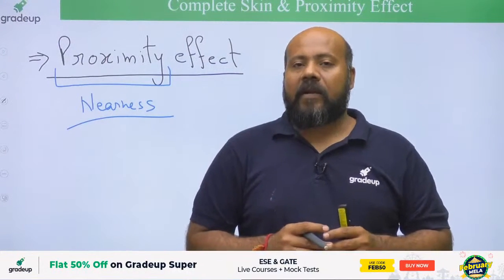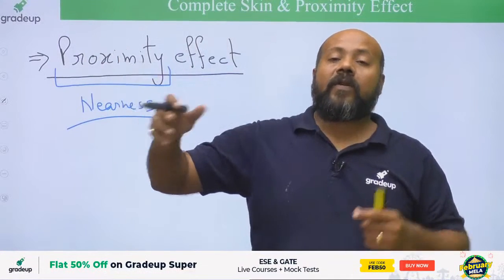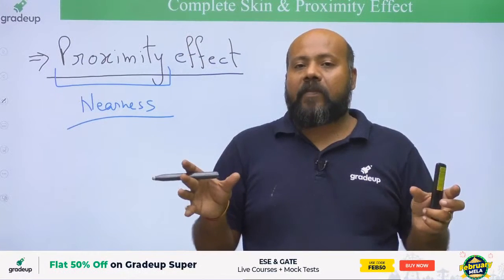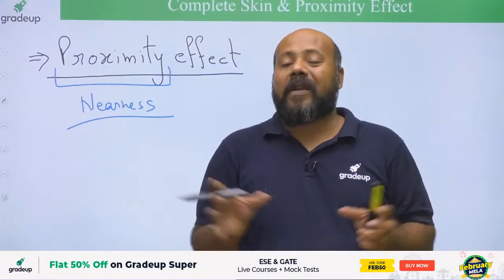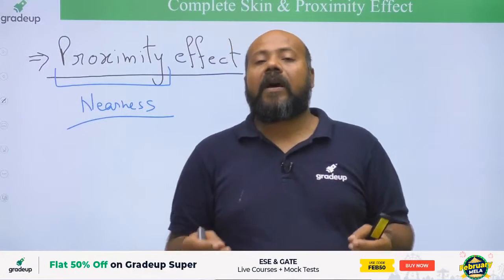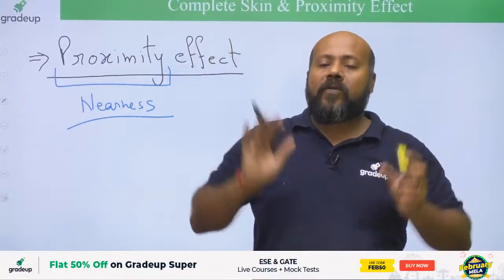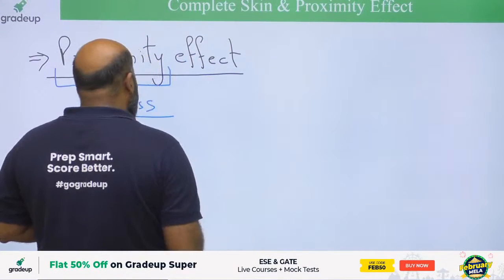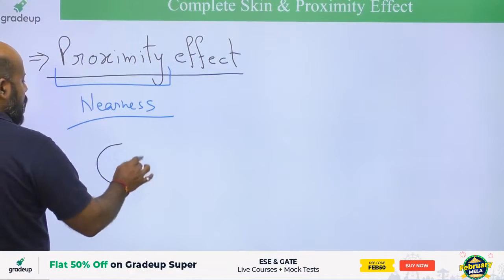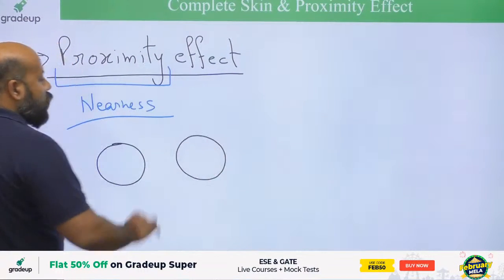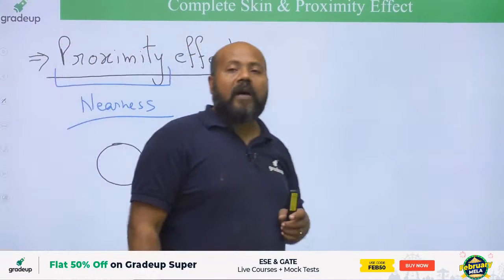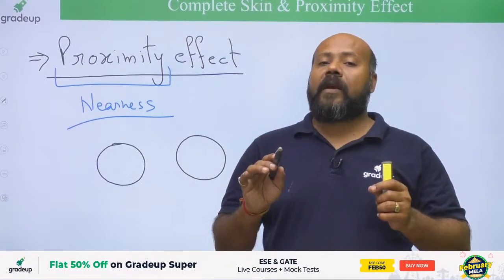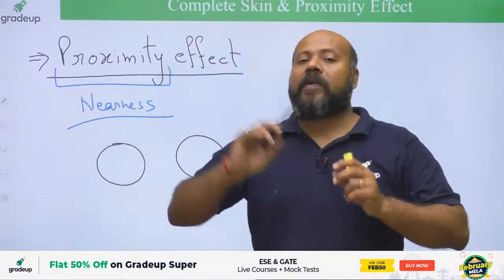My friend, when you are talking about skin effect, you are talking about a single conductor. When you are talking about proximity effect, you will talk about nearness only when there are at least two or more than two conductors. So if you have two nearby conductors with AC currents passing through them, then there is non-uniform current distribution.